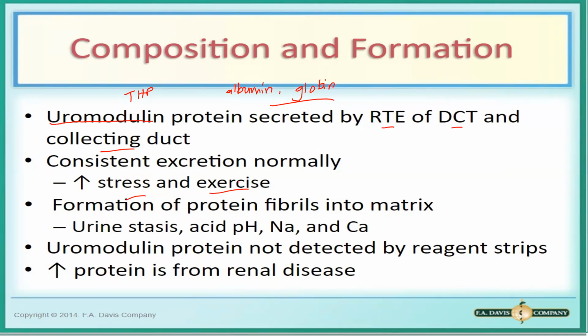That's why if you have casts, most probably you also have positive protein in your reagent pad, kasi meron ka ring albumin within the cast mismo. Also, increased casts are accompanied by proteinuria, so magpa-positive ka talaga sa reagent strip. Pero that's not because of the uromodulin or the Tamm-Horsfall protein, but because of the albumin component.